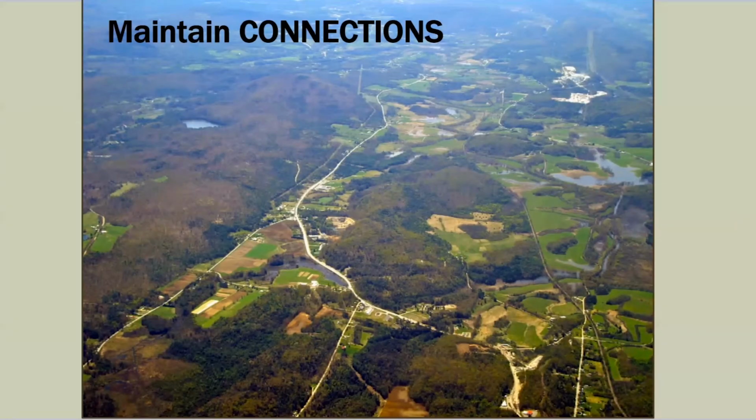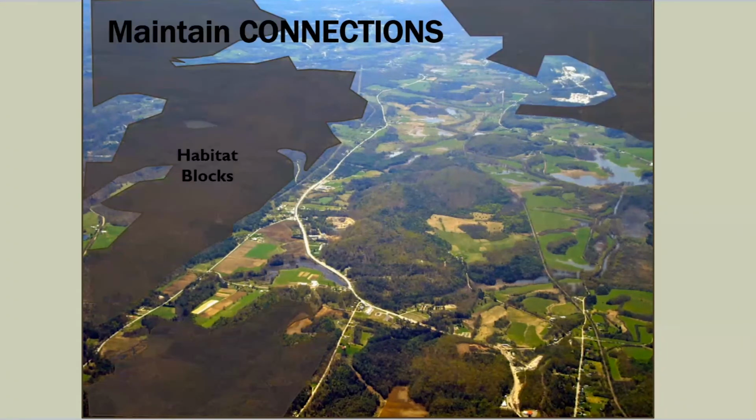And we're really emphasizing this connectivity in BioFinder. Maintaining connections is extremely important in terms of supporting ecological function. So here's another way to look at it. If I color all of the areas in this community that would meet the criteria to be a habitat block, you can see that we have a relatively intact network along the left of the image, but there's a big gap here and not a good way to get from this side of the landscape over to this side of the landscape.